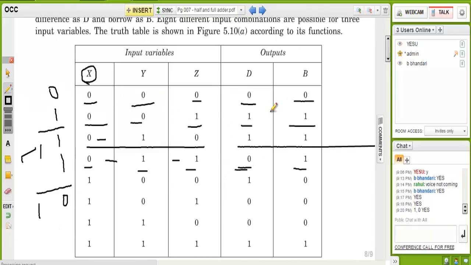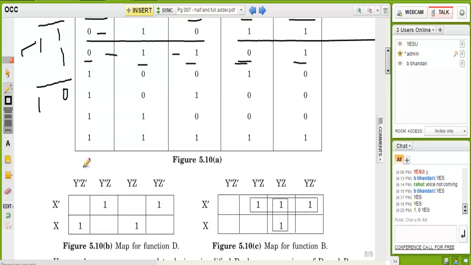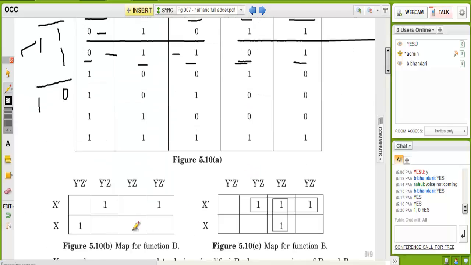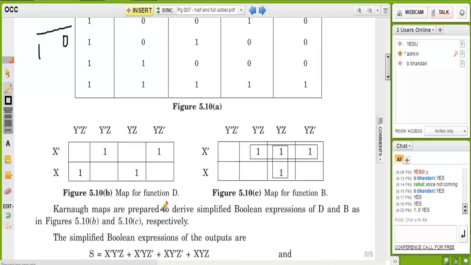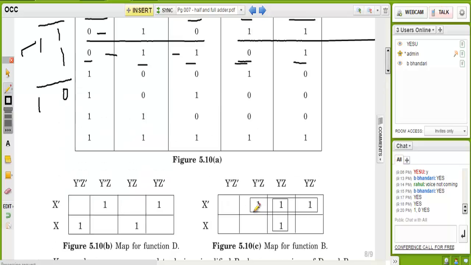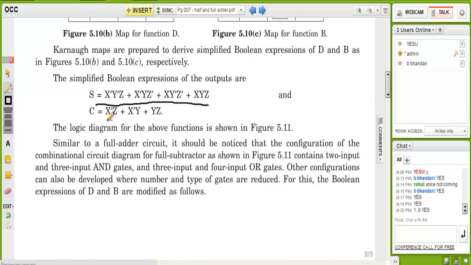So for the full subtractor we get this truth table. Now by implementing this truth table on a Karnaugh map, see how for the result of this output we get this Karnaugh map, and for that we get this S equal to this relation, and for the borrow, by solving that, we get this relation.